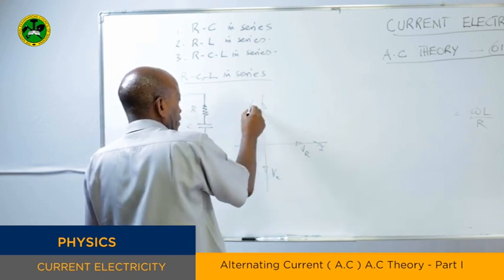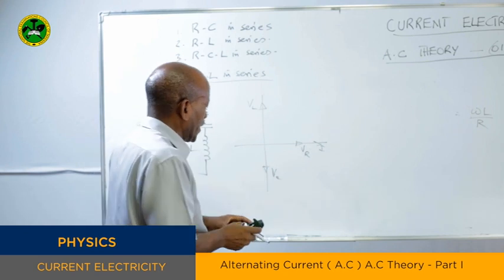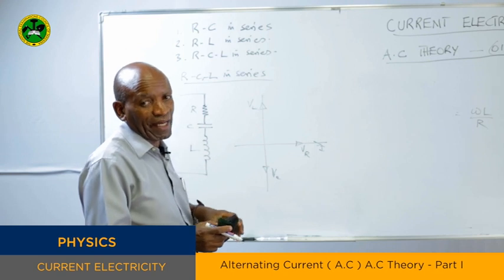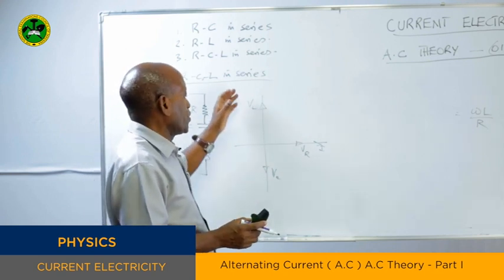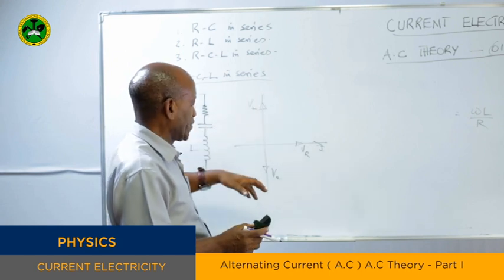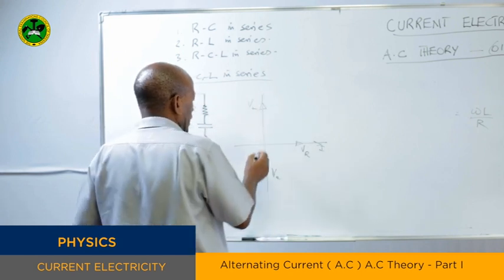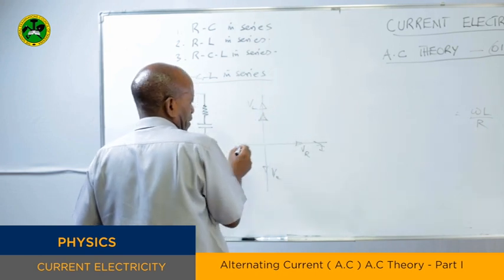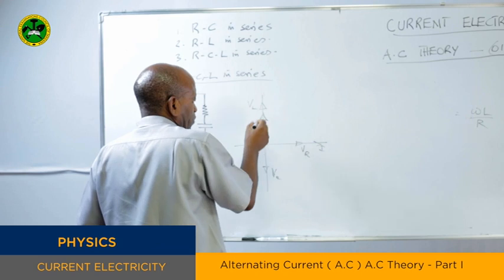So this will be the voltage through the inductor. You can see that the voltage through an inductor and that through a capacitor are antiparallel. So generally the voltage through the inductor dominates, and therefore the actual resultant will be somewhere there, acting in this particular direction.